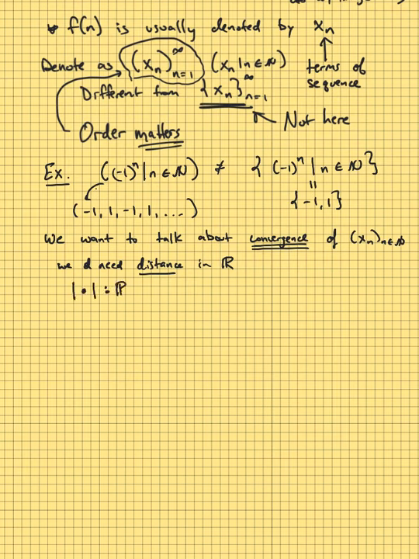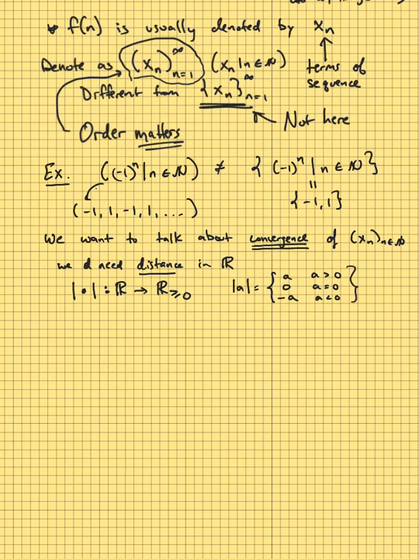Let me recall that the absolute value goes from R to the nonnegative reals. It's defined to be a if a is positive, 0 if a is 0, and negative a if a is less than 0.